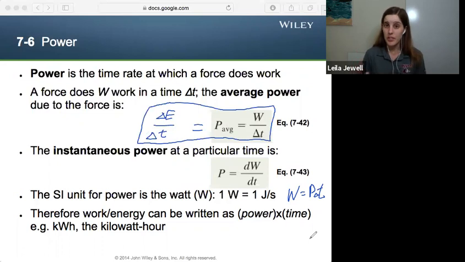An example of this is the kilowatt hour, which you've probably seen if you've ever looked at an electric bill. Your electric bill says you used 100 kilowatt hours, right? How is that a unit of energy? Well, remember a kilowatt, kilo is a prefix.